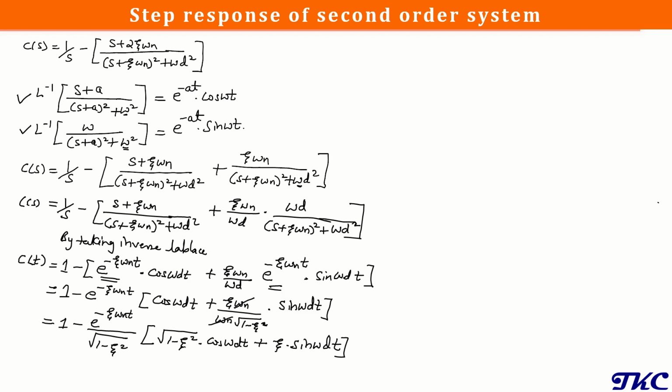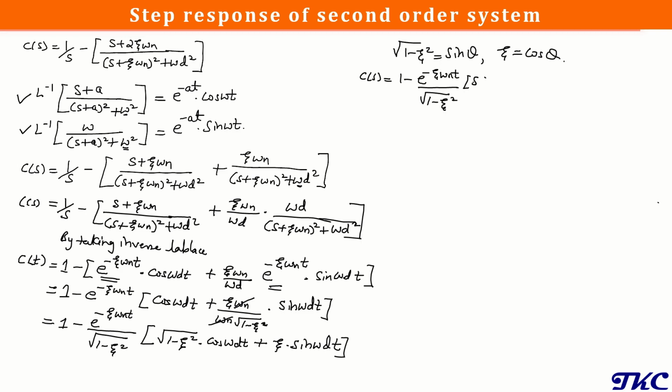plus zeta into sine of omega d t. Now again we can further simplify this bracket, taking root of 1 minus zeta square as sine of theta and zeta as cos of theta. So here we are going to substitute root of 1 minus zeta square as sine theta and zeta as cos of theta. So our expression will become C of t is equal to 1 minus e raised to minus zeta omega n t divided by under root of 1 minus zeta square.